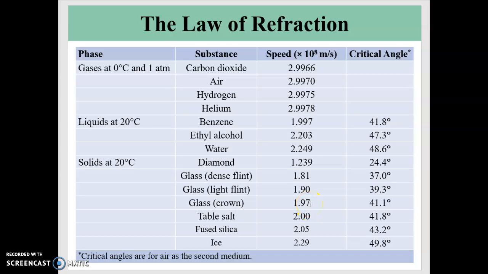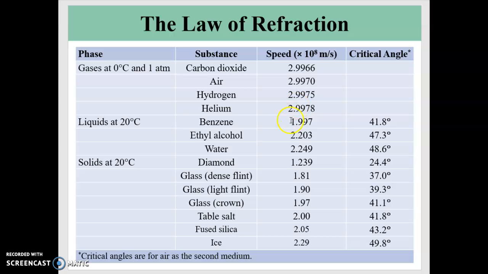the speed of light in air is 3.0 times 10 to the 8th meters per second. In a gas like carbon dioxide, it is hardly slowed down at all. It goes from 3 times 10 to the 8 meters per second down to 2.9966 times 10 to the 8. Not very much.